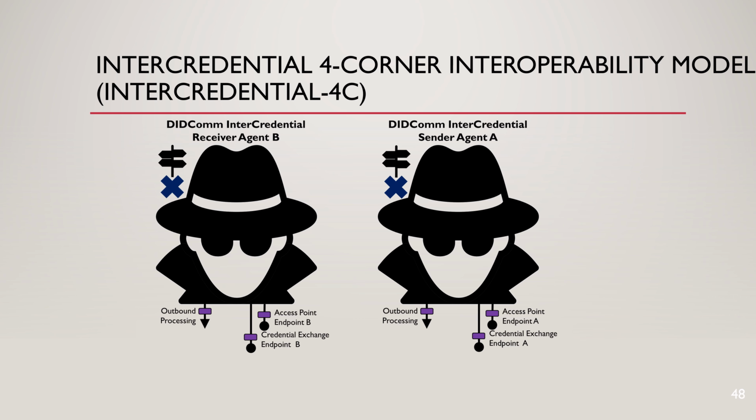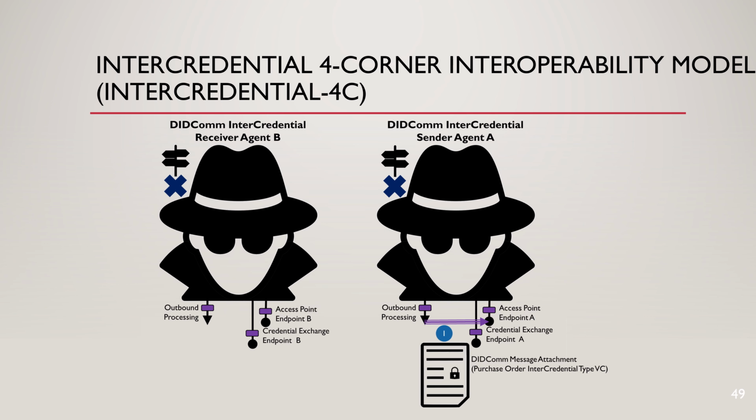So let's step through the previous scenario where the sender on the right wants to send an invoice to the receiver on the left. So the first thing that happens is the credential is created by the sender. In this case, ABC Grocery uses a credential of type VC.